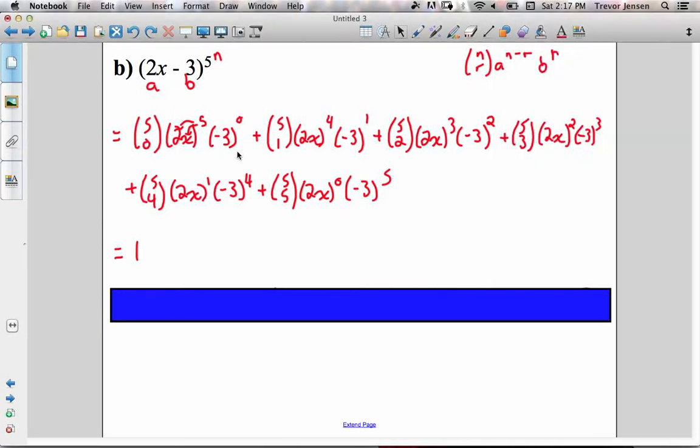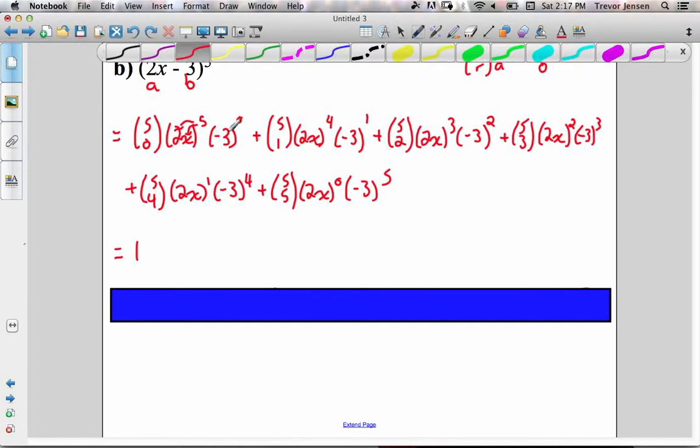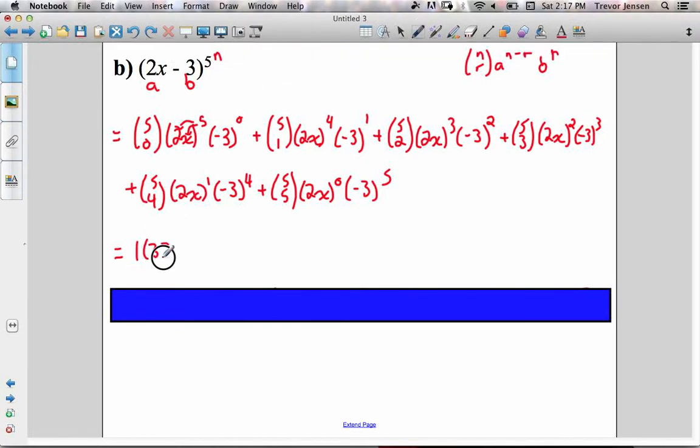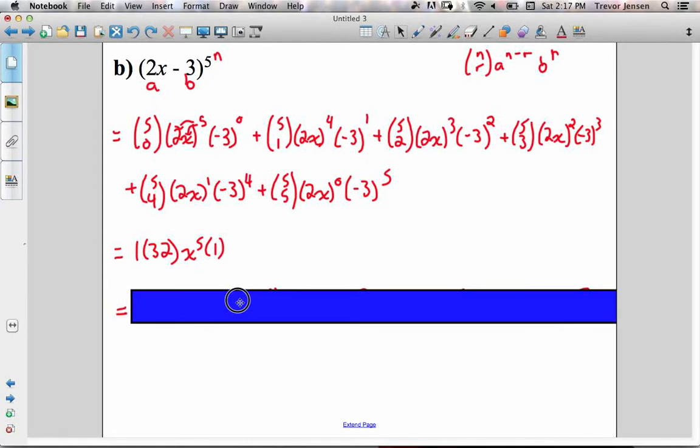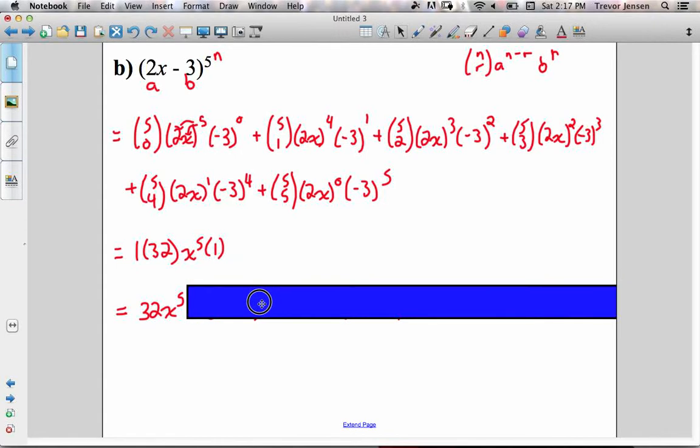So here, this 1 is going to have to be multiplied by 32. And then there's an x to the 5 after that, and then negative 3 to the 0 is just 1. And I could then simplify this, doing 1 times 32 times 1 is just 32. So my first term is just going to be 32 x to the 5.